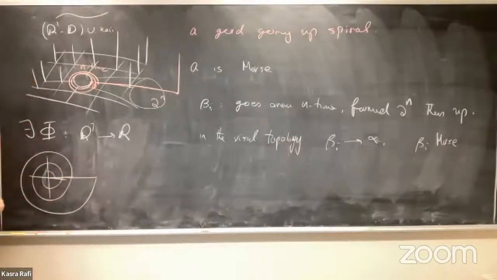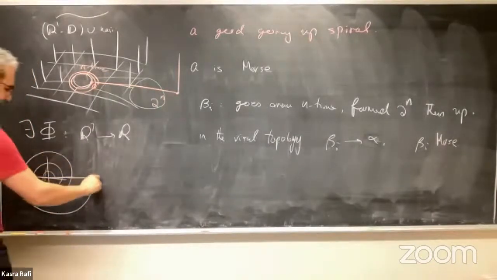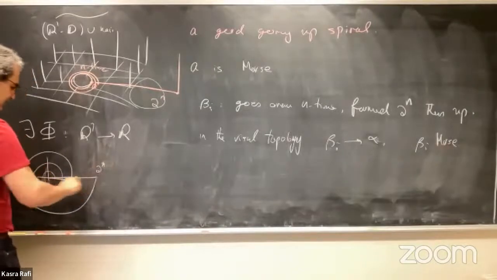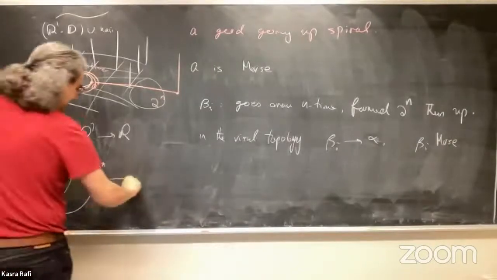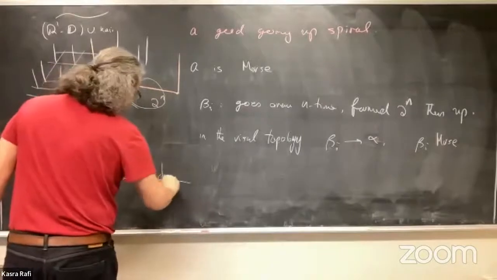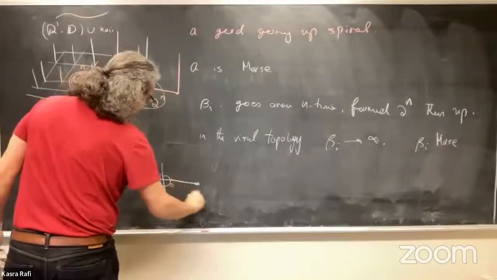Pick a spirally line which goes around n times and lands at 2 to the n, and map it to a straight line going from 0 to 2 to the n.